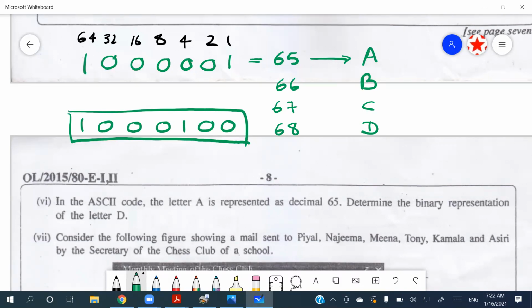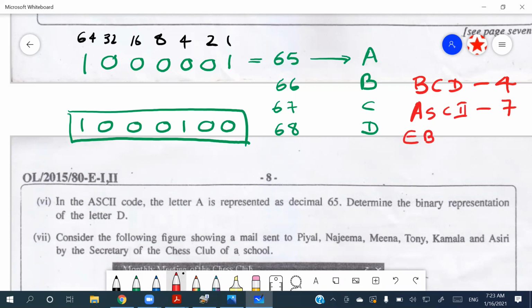And I'll go through the representation methods as well, right? How were those? BCD has 4 bits, used only to indicate numbers. And then we have ASCII, having 7 bits.